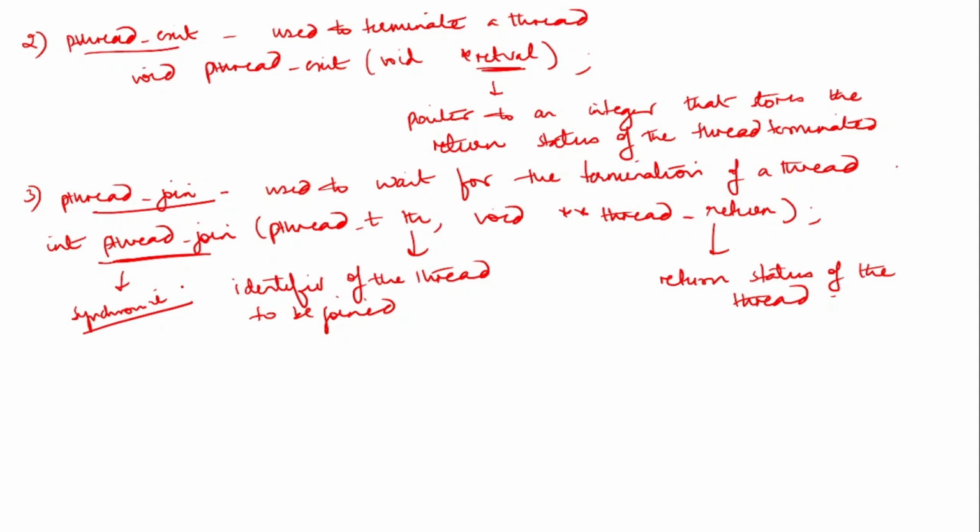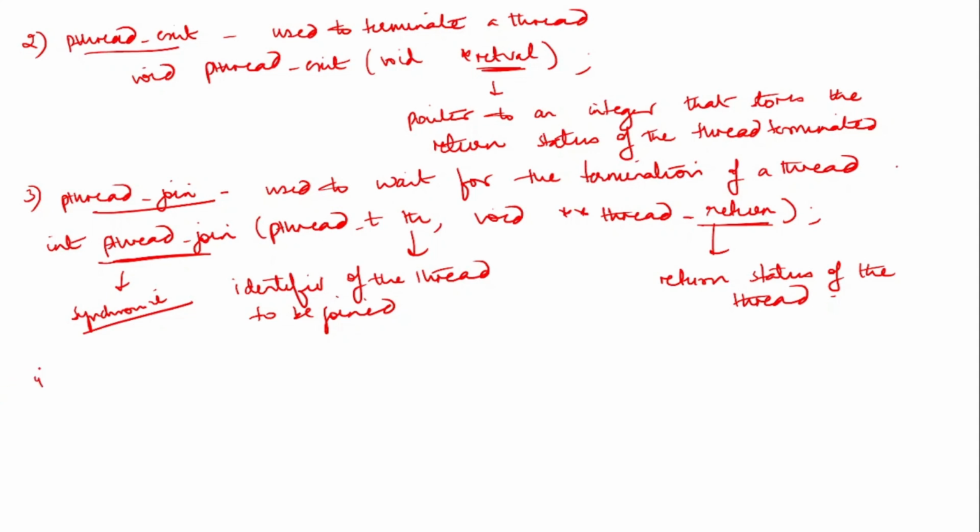Once the new thread has terminated, its exit status is returned through the return parameter, so that the main thread gets a notification that the newly created thread has terminated. So pthread_join is used to synchronize two threads.